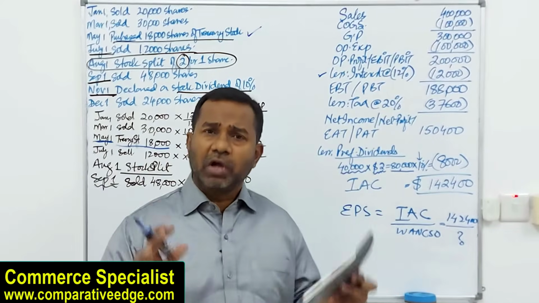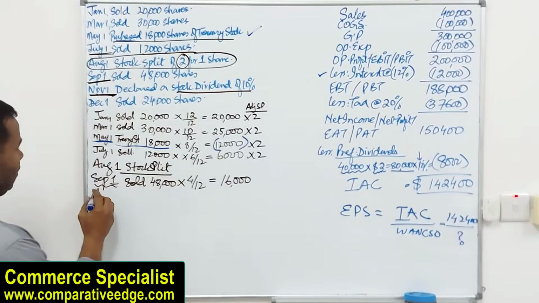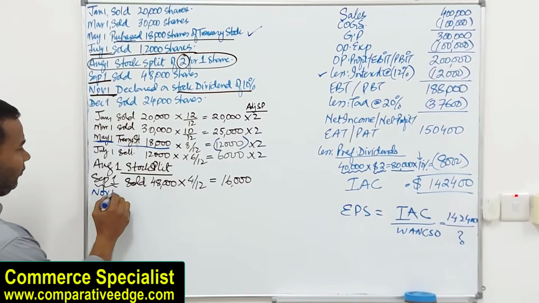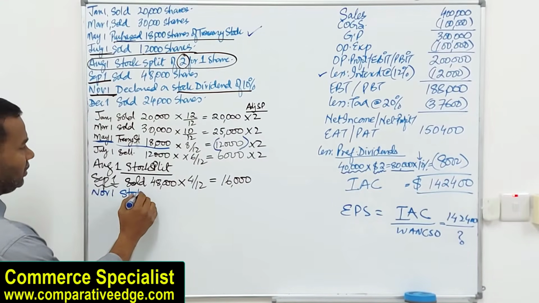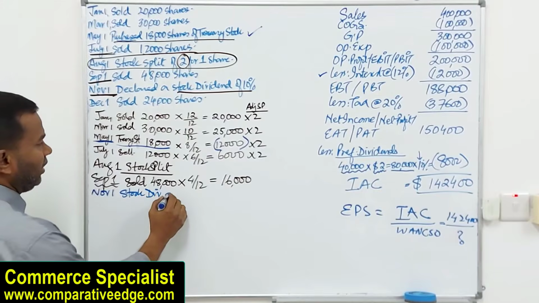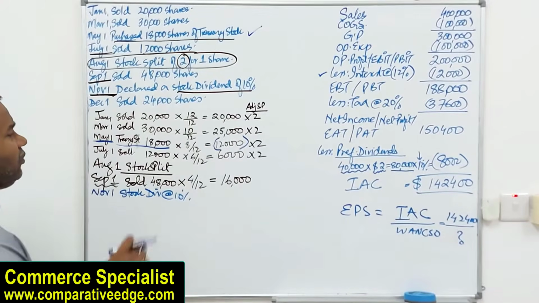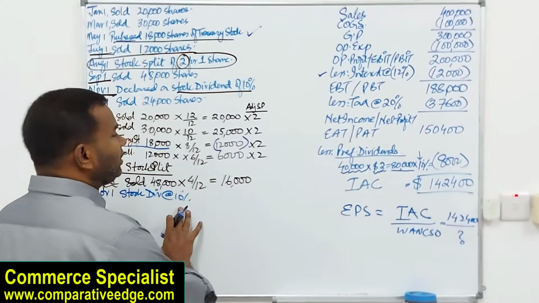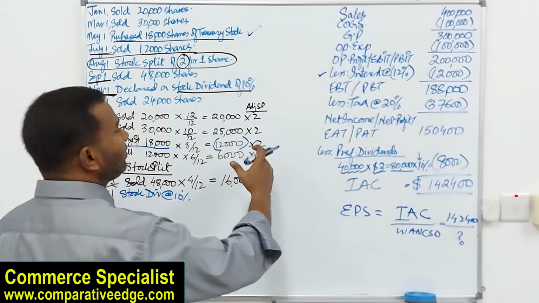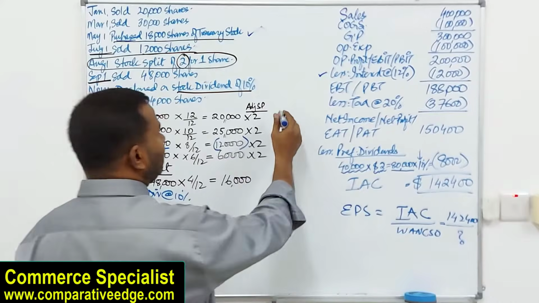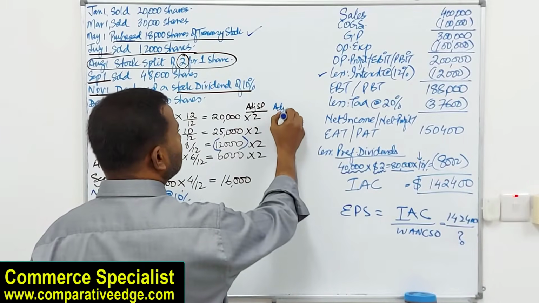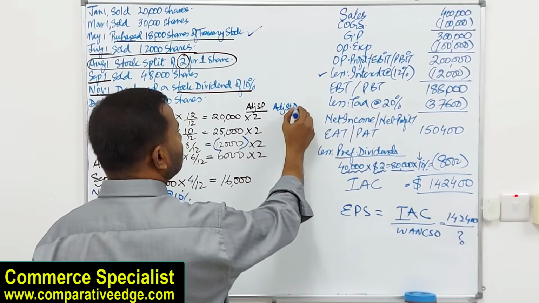If we talk about the stock dividend, it's declared on November 1st. I'm writing here November 1st, stock dividend declared at 10%. So what effect will it have? 10% means we have to increase all the amounts by 10%. So I'm writing here adjustment for stock dividend.